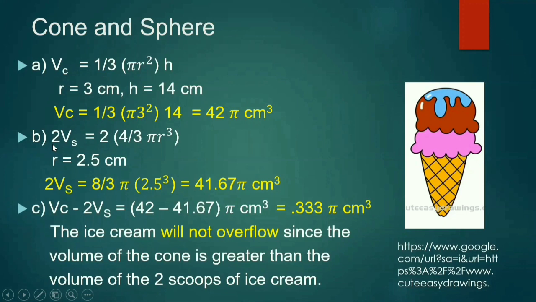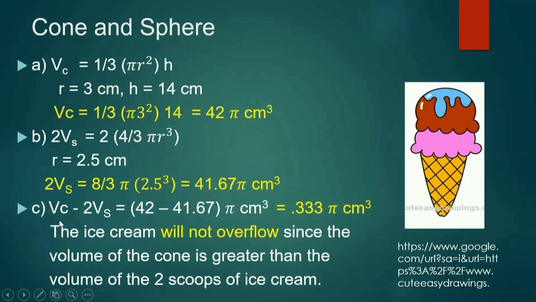For the volume of the 2 scoops of ice cream, we have twice the volume of the sphere, which is 4/3 pi r cubed, and we have a radius of 2.5 centimeters. So the volume of the 2 scoops of ice cream is equal to 41.67 pi cubic centimeters.